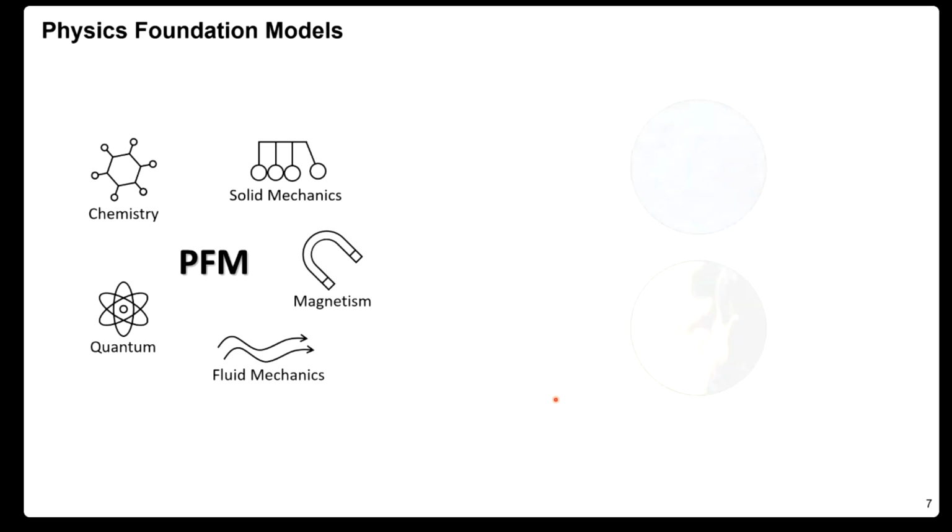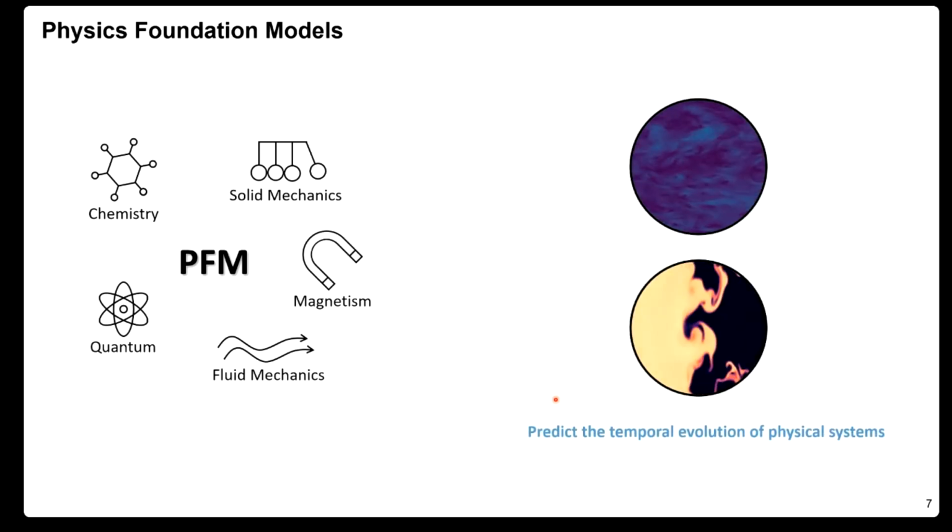These physics foundation models basically are then predicting the temporal evolution of different physical systems. So again, you want to see how air moves or quantum states change or molecules behave. And this model would then be capable of predicting all of those things depending on what you ask for.